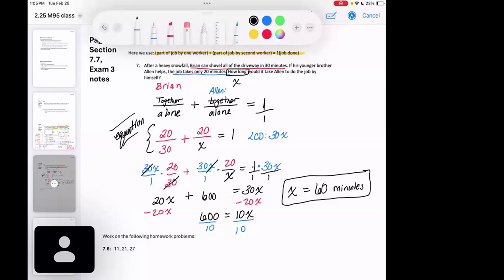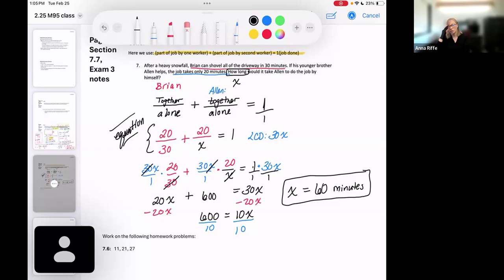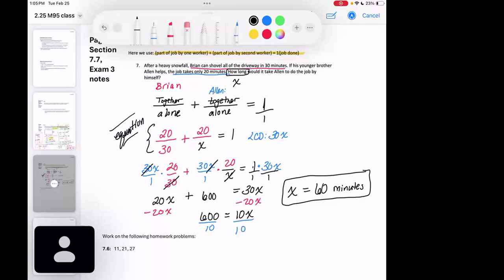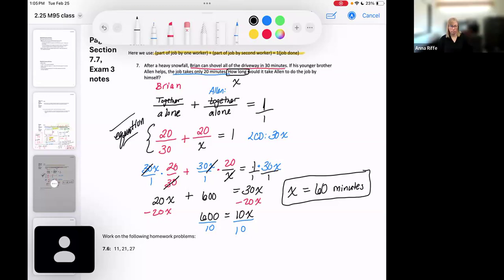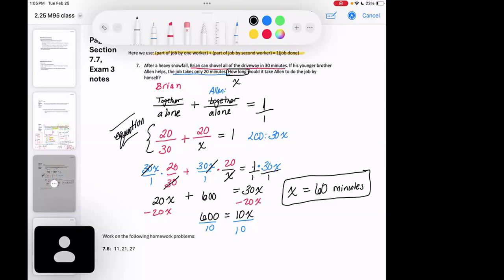Oh, yeah. Okay, so that's a good thing to check. So it'd be 30x over 1 and then 1 over 1. Yep. Okay.